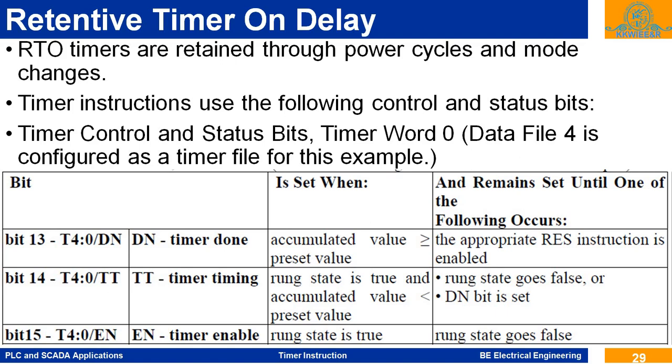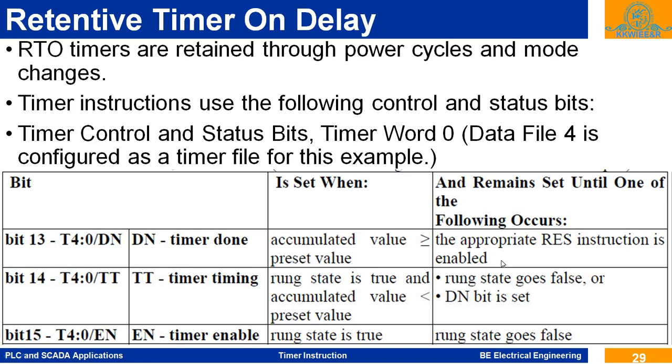So at the end of the 10th day, when the accumulated value is 100, which is equal to the preset value 100, your done bit is set, and it will give you an alarm so that you understand it is now time to replace the lubricating oil for the rolling mill. So when the accumulated value is equal to the preset value, your done bit is set. It remains set until the appropriate reset instruction is enabled.